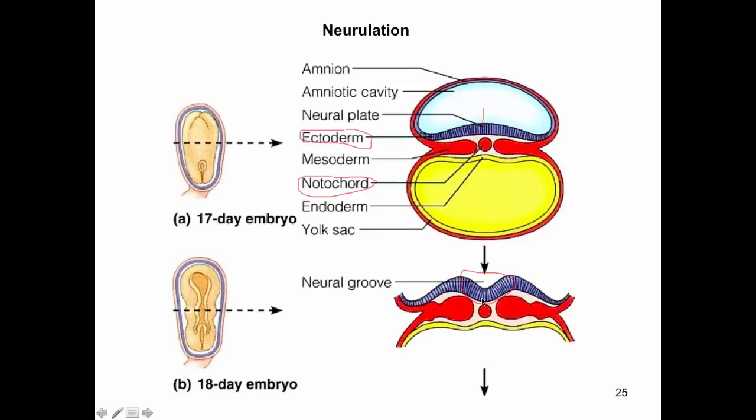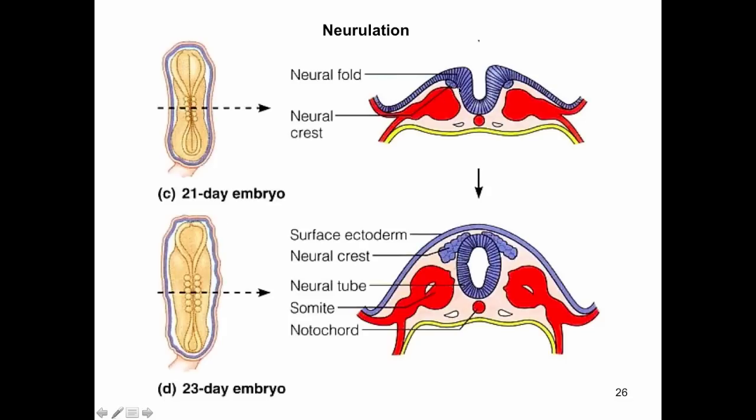So we start to form pre-neural tissue, and that pre-neural tissue starts to form something called a neural groove. Okay? So it starts to invaginate. We can see over here on the left, this is an 18-day embryo, and we can see the invagination on the top. At 17 days, we have no invagination, just a primitive streak here. And then over here, we're starting to see folding. From there, that neural groove gets more and more invaginated and becomes what's called a neural fold.